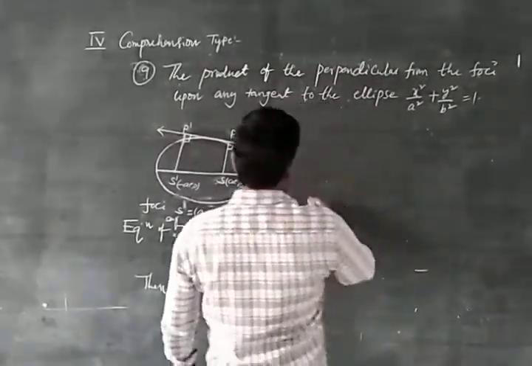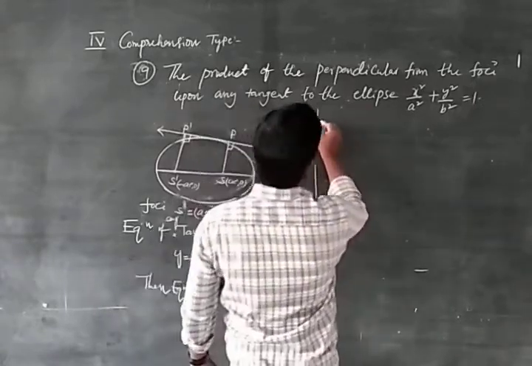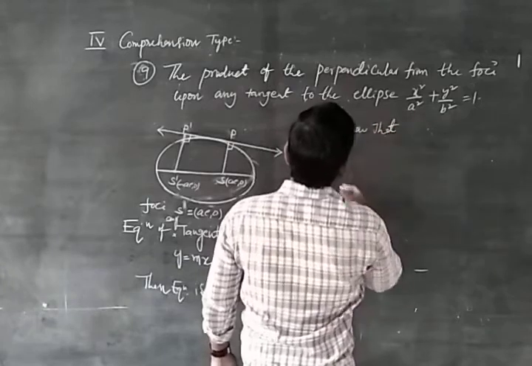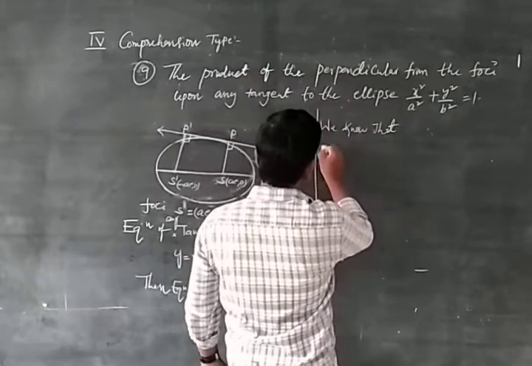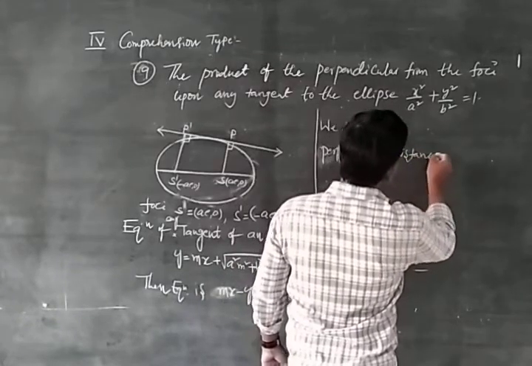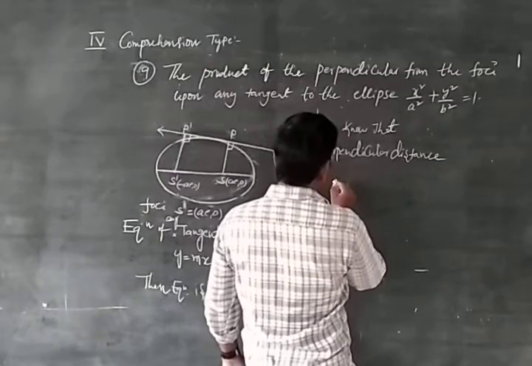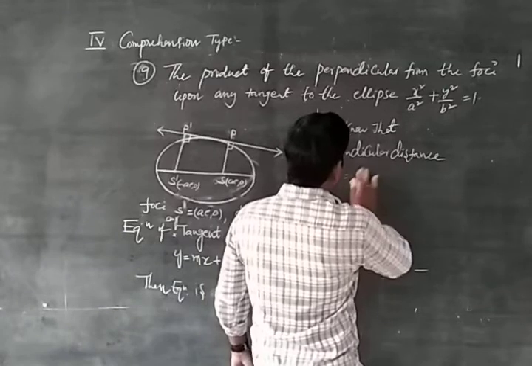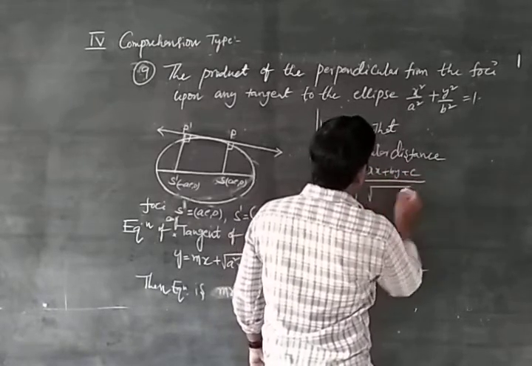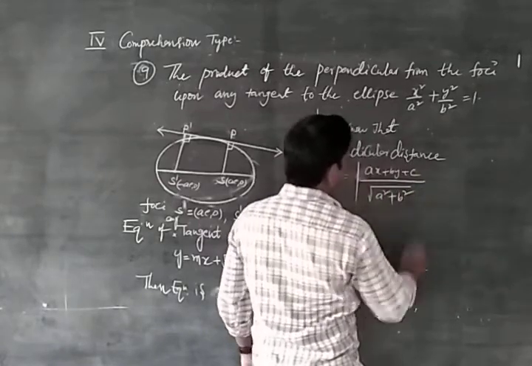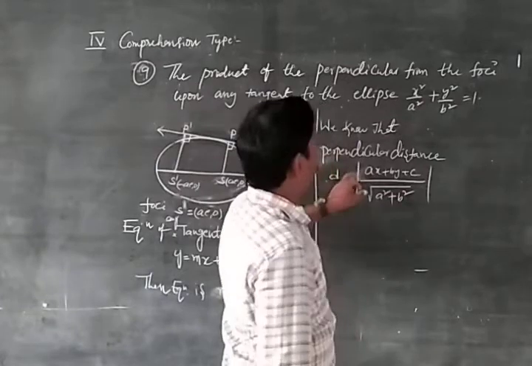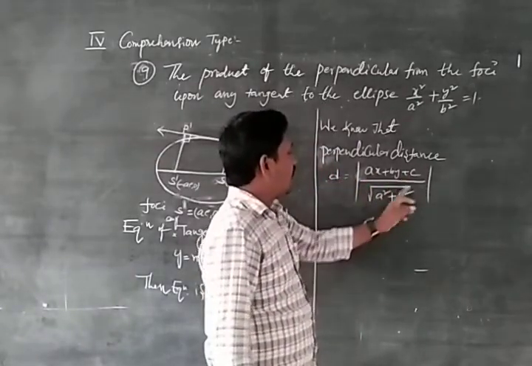Okay, we know the perpendicular distance d equal to mod of ax plus by plus c by root of a square plus b square.